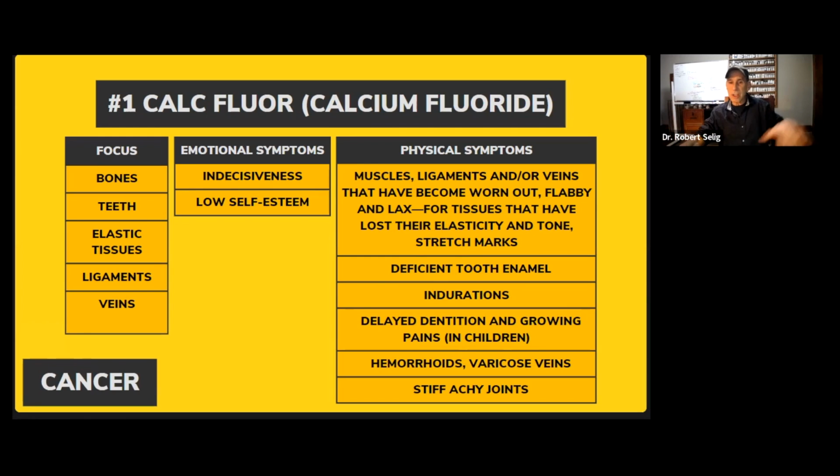So when we see the lax ligaments, let's think calcium fluoride. When we see the hemorrhoids, the stretch marks, the varicosities, think calcium fluoride. When we see a lot of the bony deposits, we're going to start thinking calcium fluoride. So this is a great remedy to help build up the elastic tissues of the body, and how it presents itself.